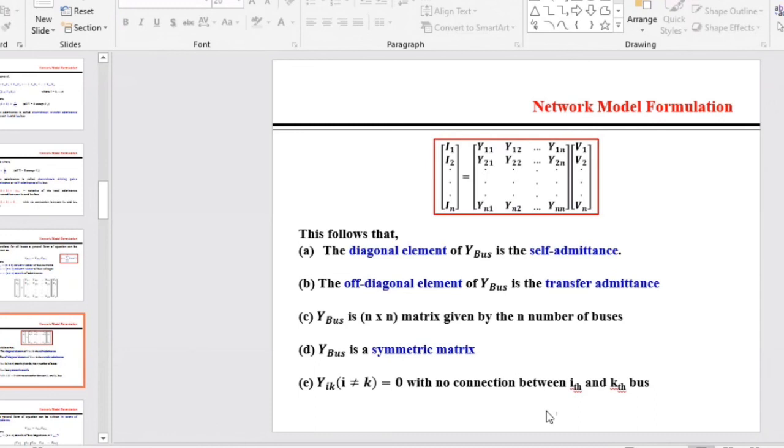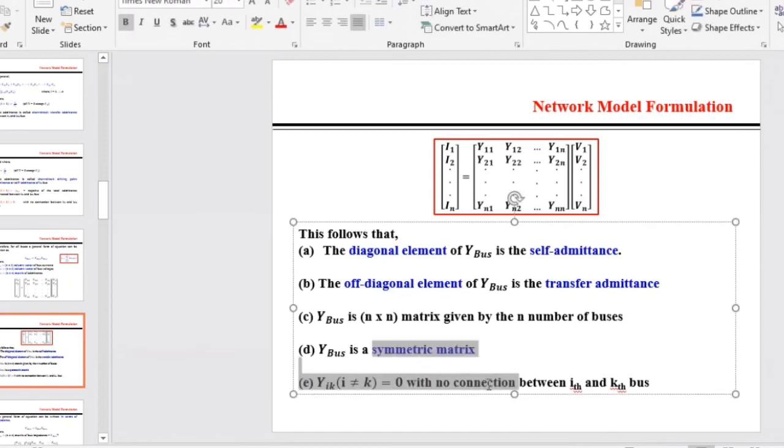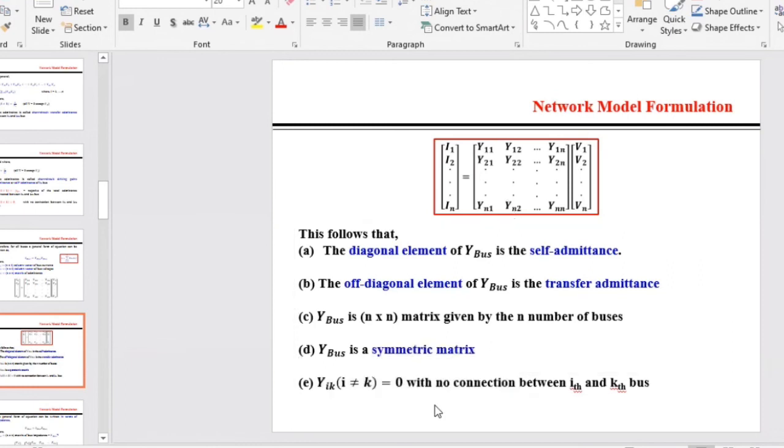Even if we are doing a power flow study using computer software or algorithms, we still need some memory in our computer. So this reduces the computation and memory space both, because sometimes we'll find that we don't need to do calculation for all the elements of this matrix at all.